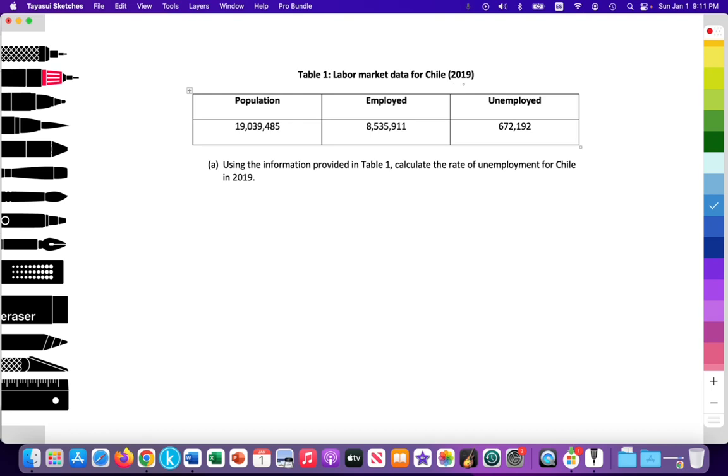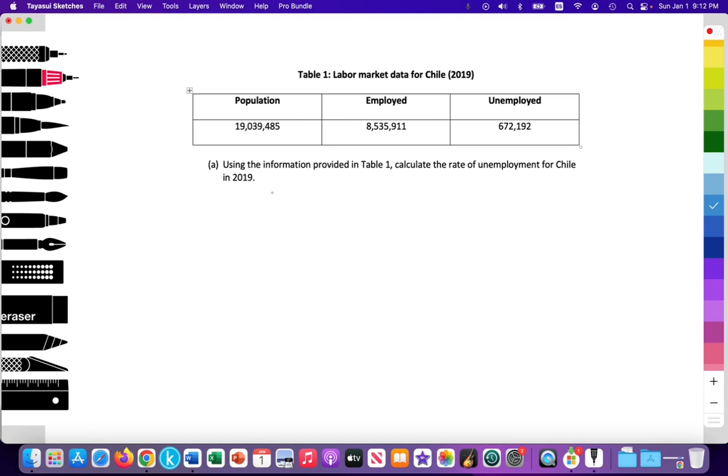So this is a good data point that's not impacted by a significant outlier event like the COVID pandemic. On an exam, they may give you the population of the country. Here, they'll give you the number of people that are employed and the number of people that are unemployed. Using the information provided in Table 1, calculate the rate of unemployment for Chile in 2019.